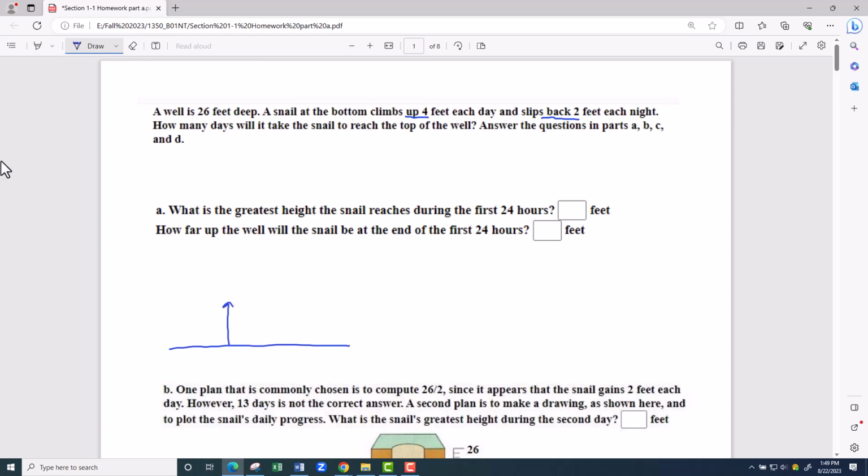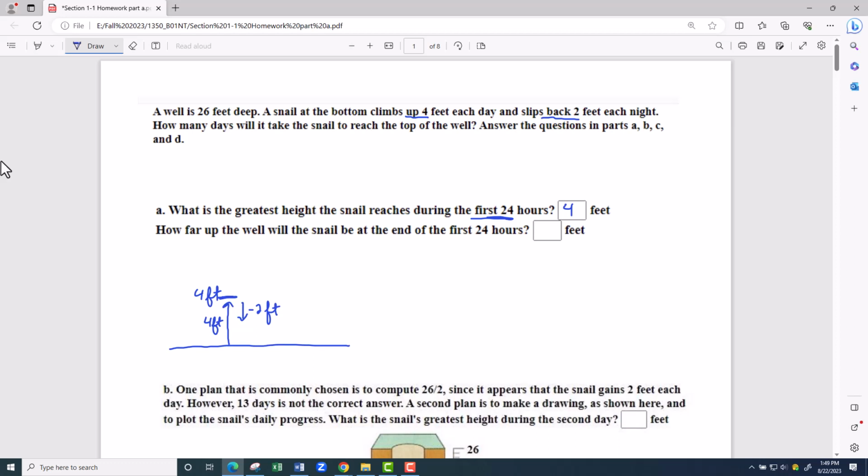The snail goes up 4 feet, and then at night, he slips back down 2 feet. So the first 24 hours, he's up 4 feet. The highest he reached in that first 24 hours was the 4 feet.